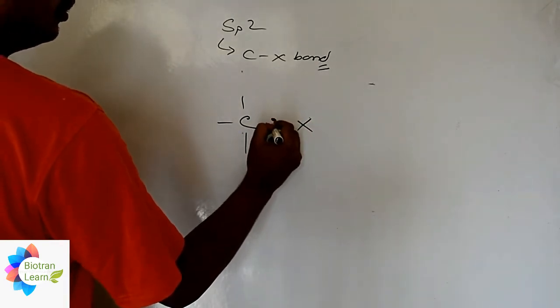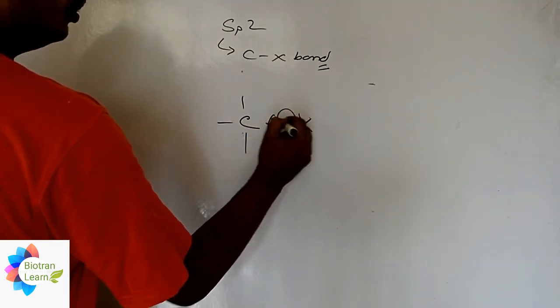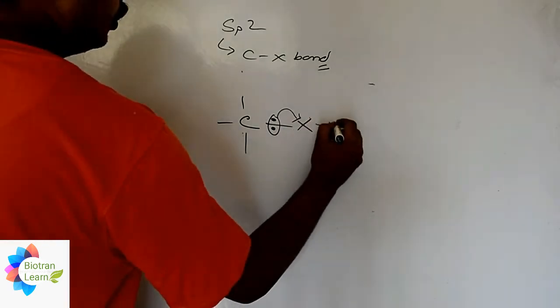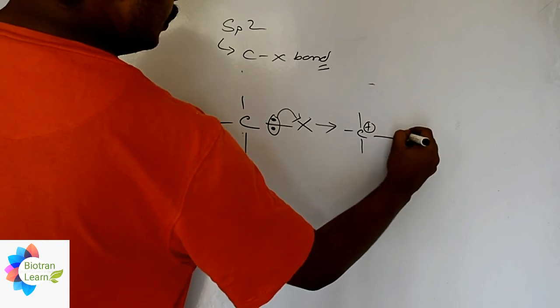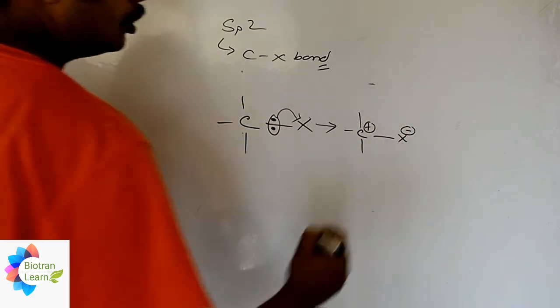If the bond pair is pulled towards the halogen, the carbon becomes positive and the halogen becomes negative.